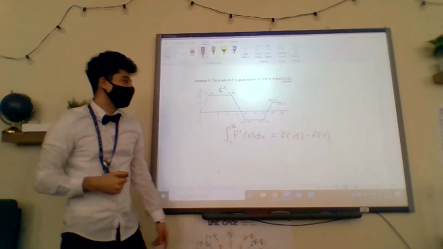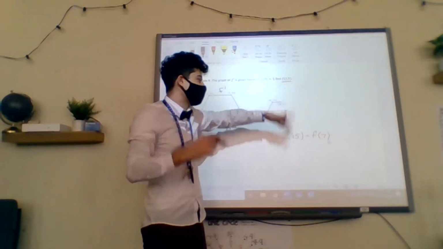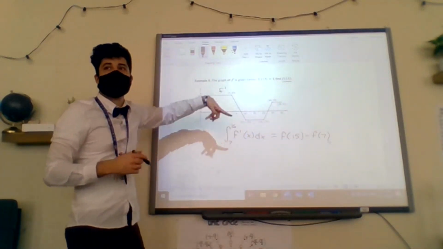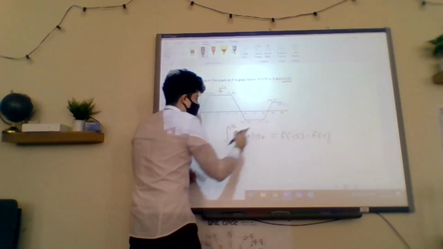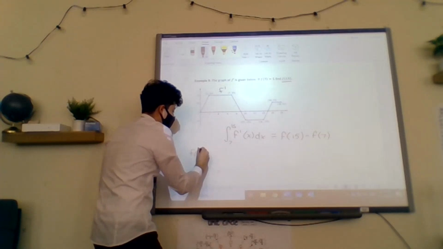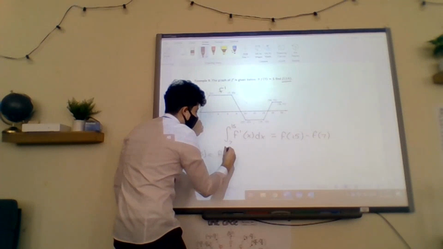That's not exactly what I wanted. I don't want f of 15 minus f of 7. I just want f of 15. But that doesn't matter. I can just solve for f of 15 by adding f of 7 to both sides. So here's me adding f of 7 to both sides and writing it in a more normal way. We put the f of 15 this way, it would be equal to f of 7 plus this.